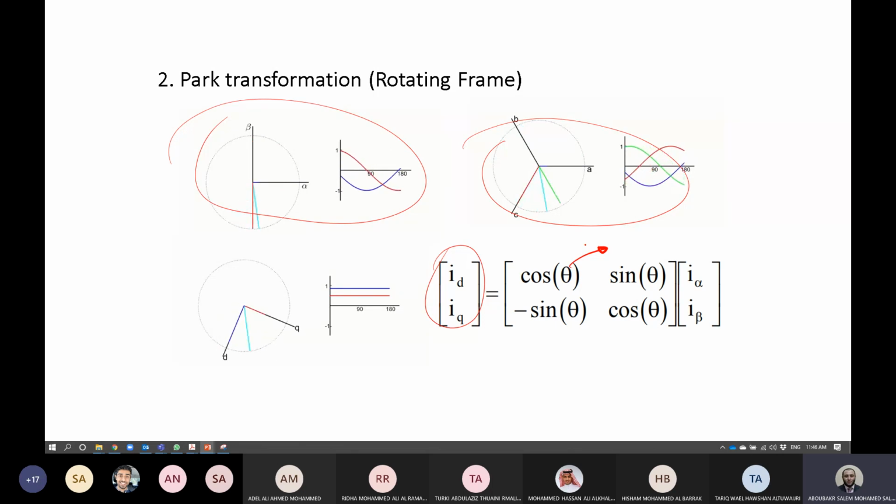But the zero component, from its name, it's zero all of time if we have balanced three-phase systems. If we have an unbalanced three-phase system, the zero component will have a certain value. But here, for electrical machines, we assume that electrical machines are balanced and symmetrical all of time, so we can consider only the dq component, and the zero component will be zero.